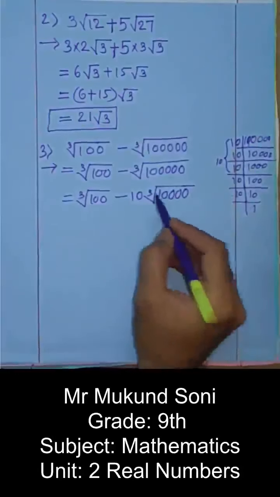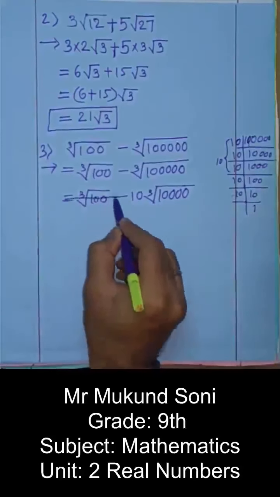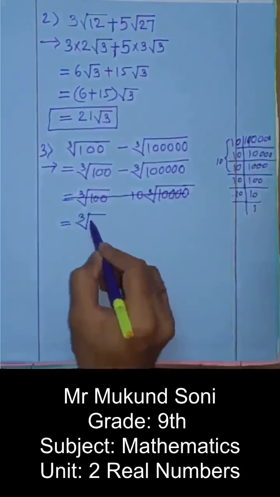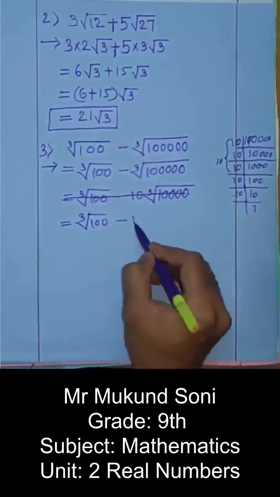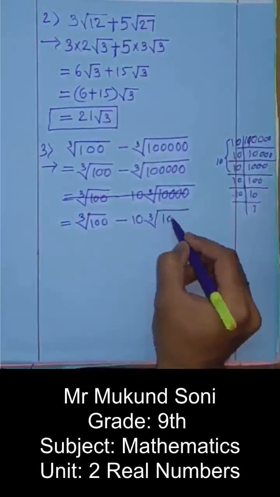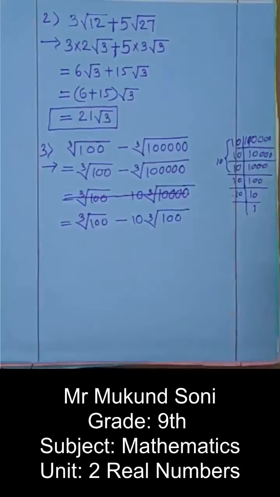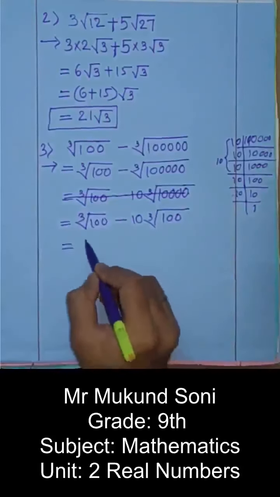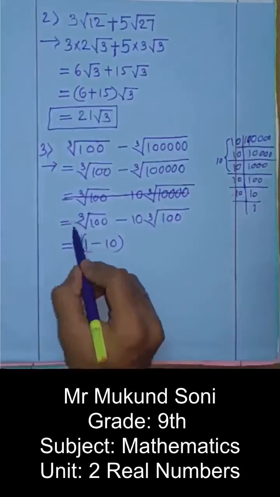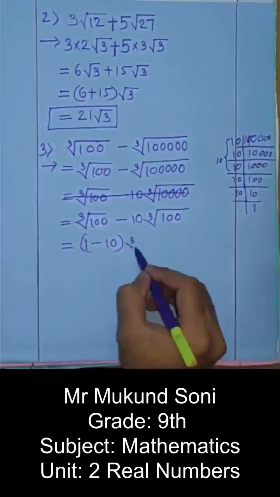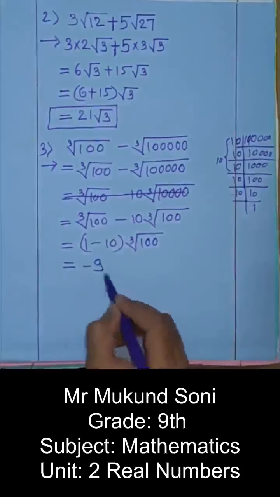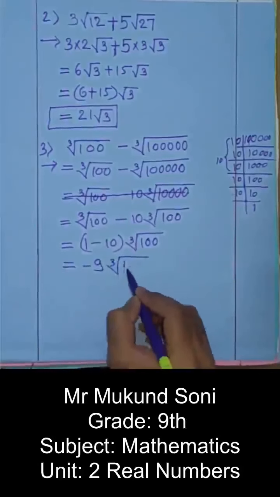No. Then it will be cube root of 100 minus 10 times cube root of 100. Now they become like surds. Then 1 minus 10. Keep in mind, students, if there is nothing outside here, then keep 1, and hence the cube root of 100 is common. The answer is negative 9 times cube root of 100.